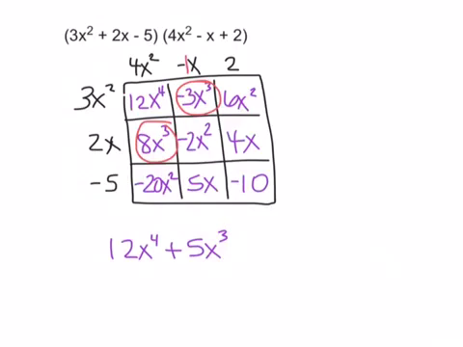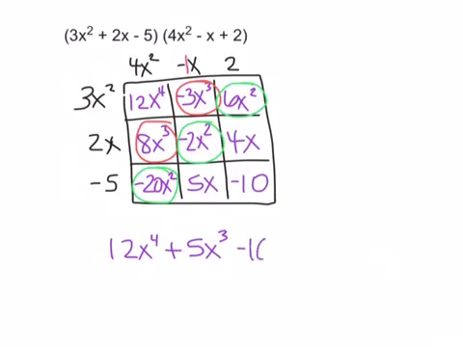Now, you might notice that we also have an x squared term here, and an x squared term here, and an x squared term right here. So that means we have negative 20x squared, negative 2x squared, and positive 6x squared. Well, these two added together is negative 22x squared, and add the 6 to it, and we're going to have negative 16x squared.